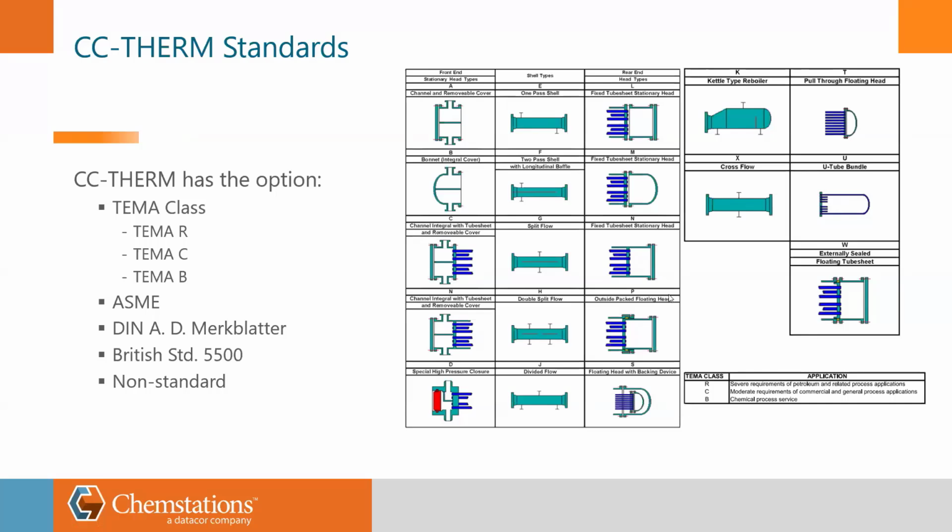TEMA R is usually for very severe service, with a lot of requirements, usually for oil and gas. TEMA B is similar to TEMA R, but it has fewer requirements, and it's usually for chemical processes. And TEMA C also qualifies for chemical processes, but it has fewer requirements. So those are where you qualify.